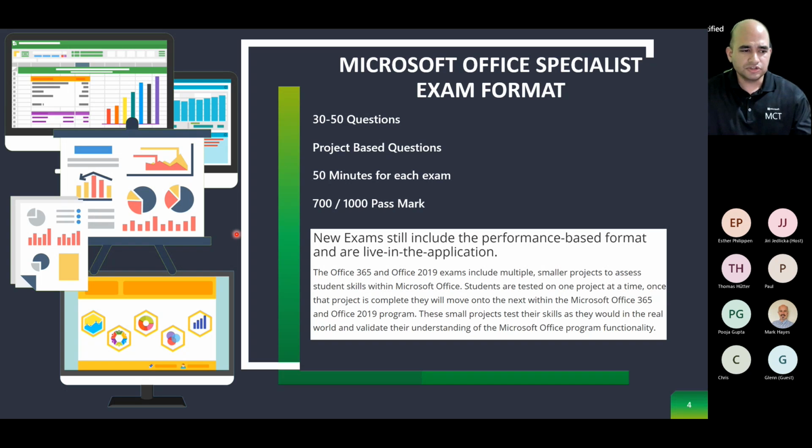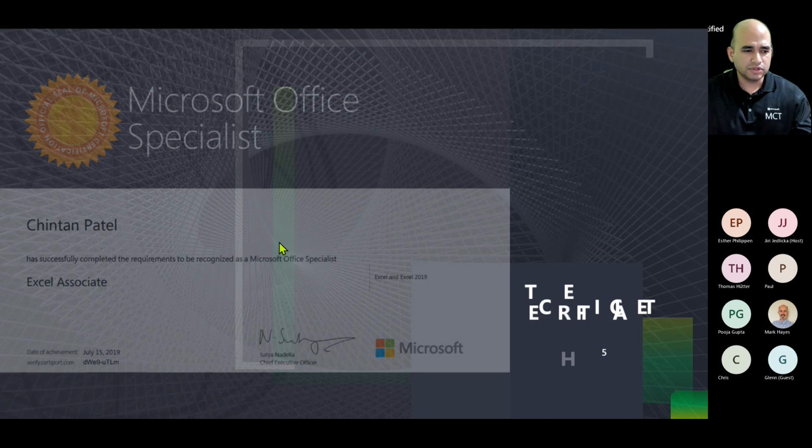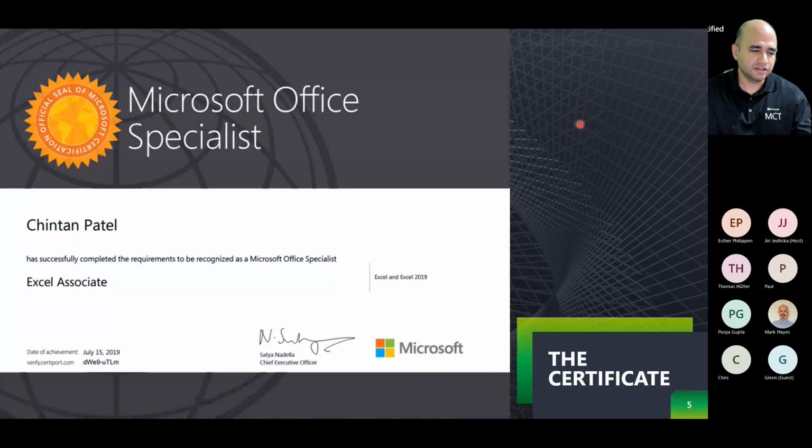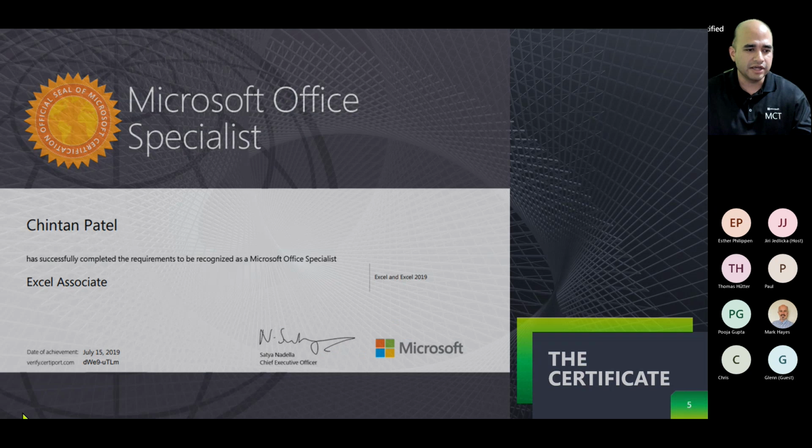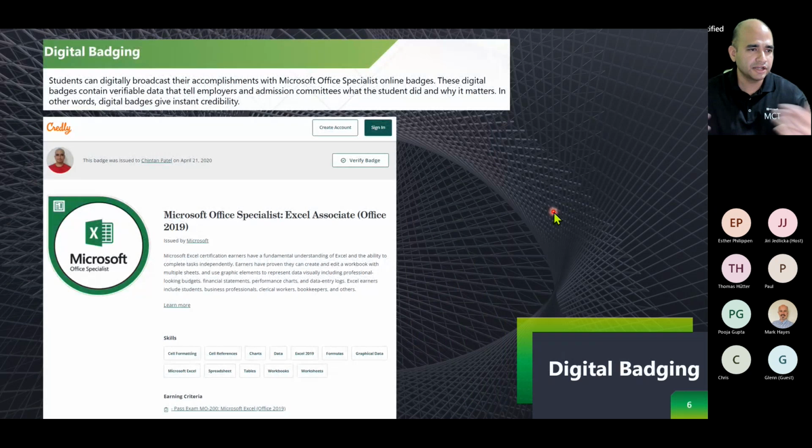Right, so just a couple more slides before we get onto the practical session: what would our certificate look like at the end? This is just the Excel Associate certificate. This is my certificate, and when you do pass your exam, you get a fancy one that comes through in PDF format. You are then also able to share the digital badge that is available through Credly.